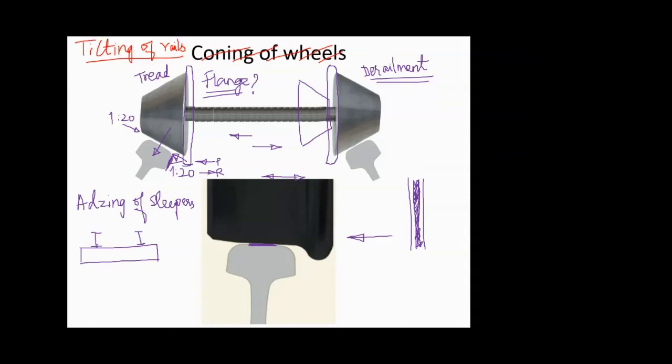Now if I have to tilt this rail and make it fit like this, again I am exaggerating the slope, obviously the base area also needs a raise to be given. So that is nothing but adzing of slipper.